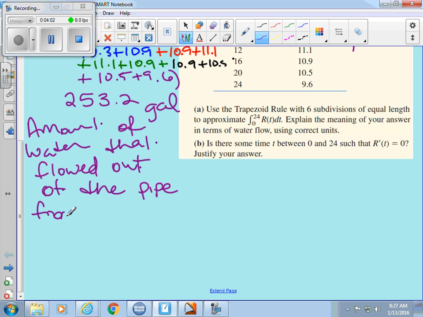Good. I'm going to put from t equals 0 to 24. The reason I'm going to do that is that it's in that 24-hour period. The way you could say that in words is the first 24 hours. But be careful, don't just say in 24 hours. Say in the first 24 hours or from time 0 to time 24.